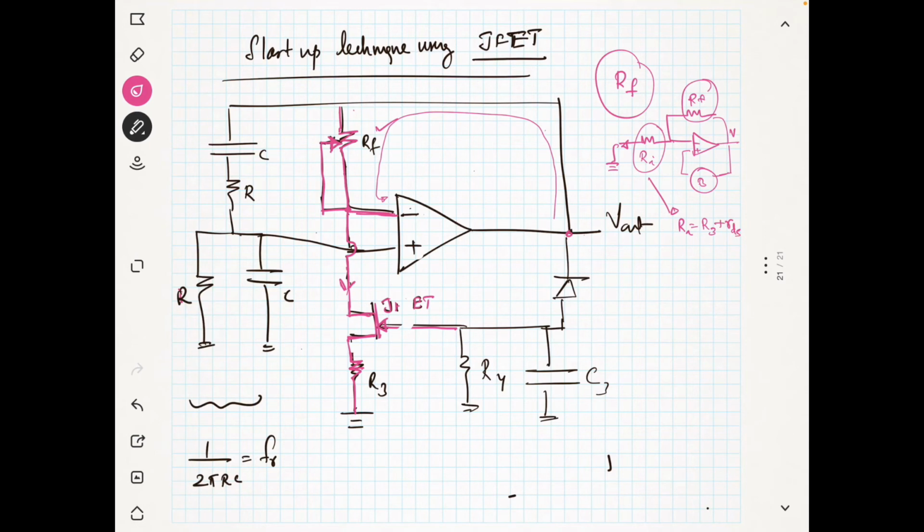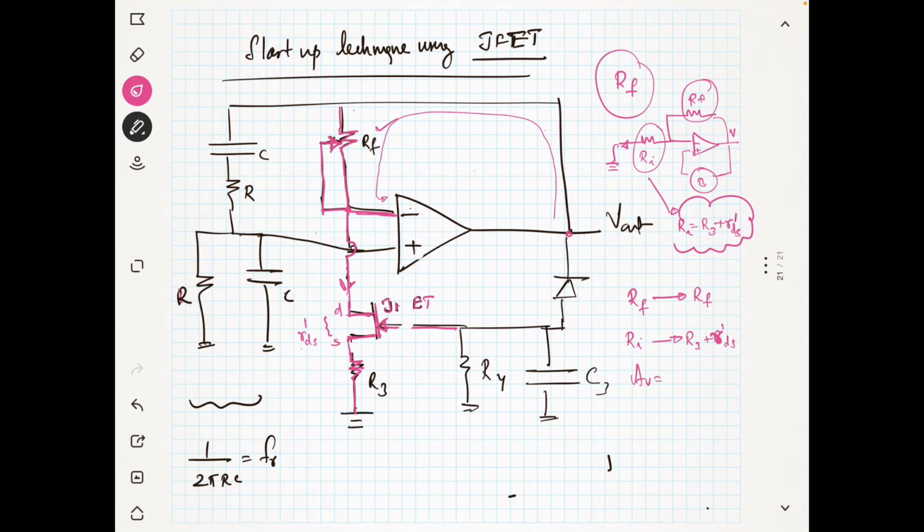You know what a Jfet is? It has a drain and a source. So the resistance between drain and source is R-ds. So you see here that your RI is R3 plus R-ds, and RF is RF itself. So your RF is just RF itself and your RI is nothing but R3 plus R-ds.